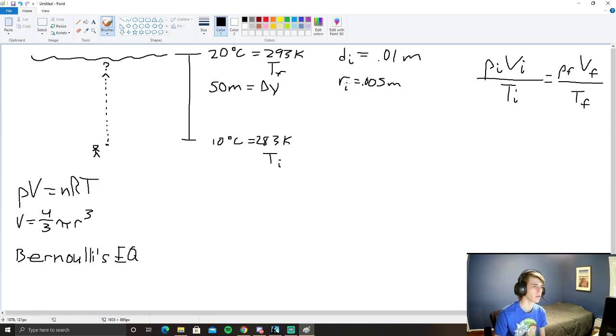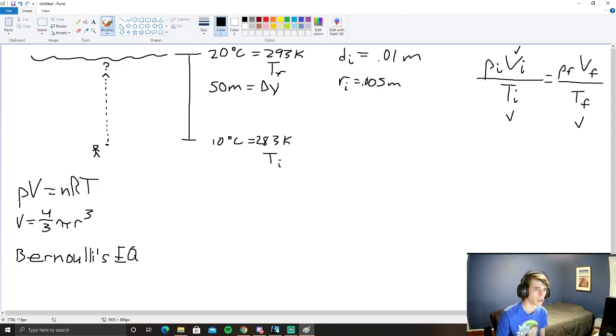The reason I change it to radius is because we'll need to use the volume equation, using the radius to get the initial volume of the bubble. So now we have the initial volume as well.